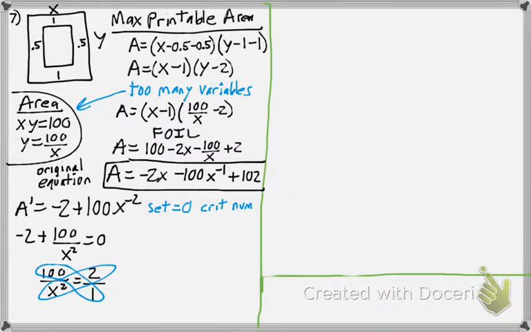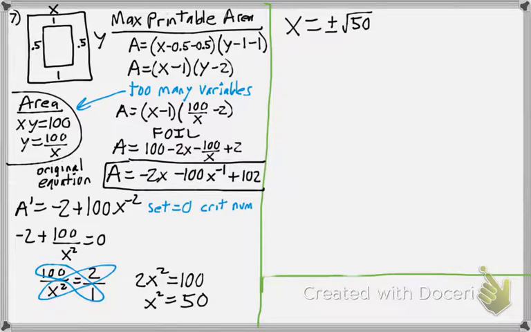So we can say that this is 2x squared equal to 100, or x squared is equal to 50, or x is equal to plus or minus the square root of 50.